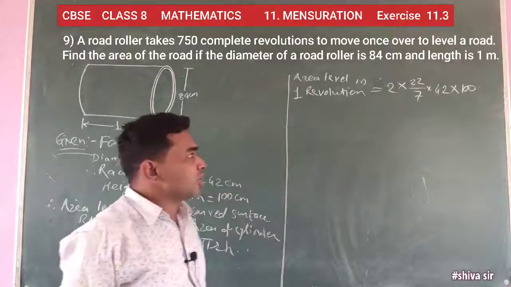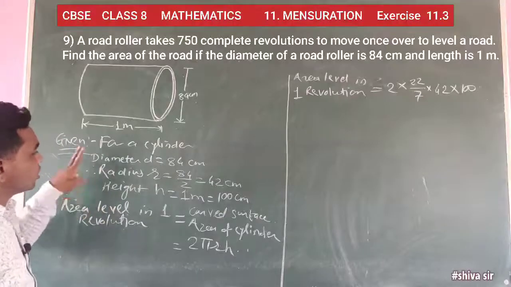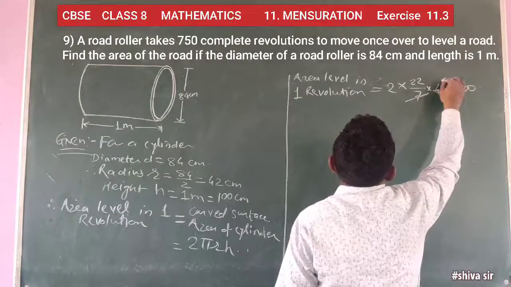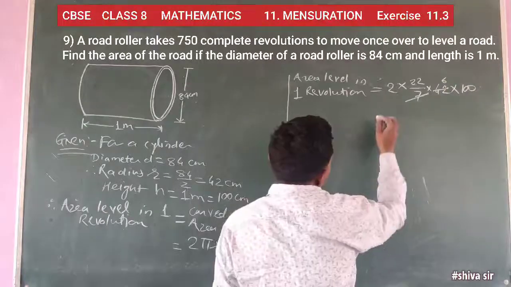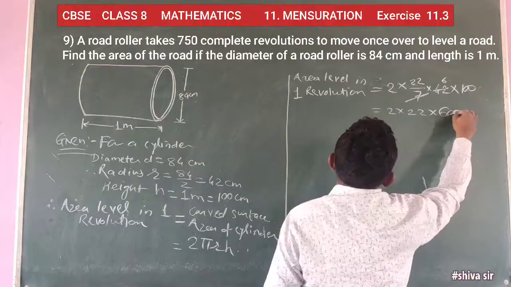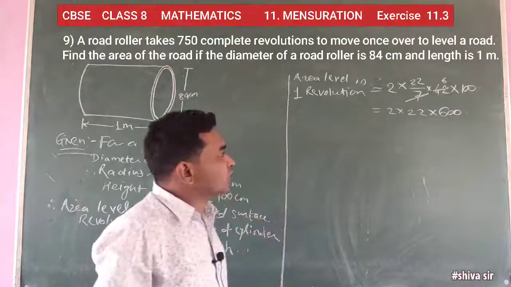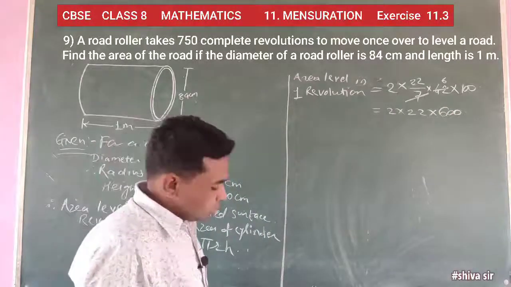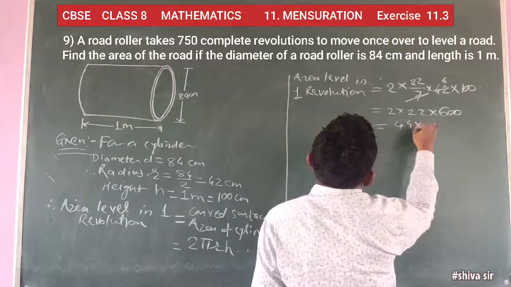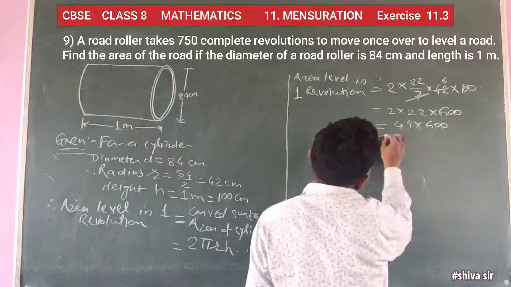Height or length, you can consider it as length also. So 7 sixes are 42. So 2 into 22 into 600. So here the calculation is 44 into 600.